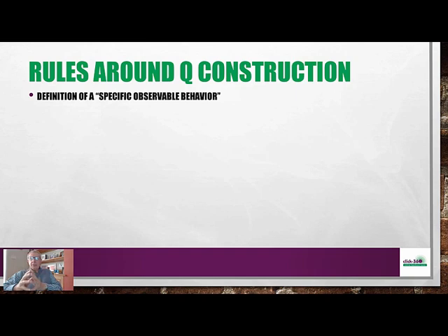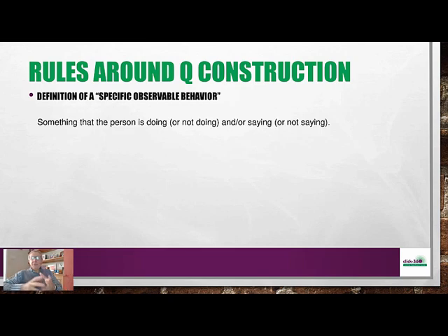Okay, so I think we're agreed that when we write any 360-degree feedback question, we should be looking to describe a specific observable behavior, or SOB as we call them. Now, to us, a specific observable behavior is something that the person is doing or not doing, and or saying or not saying.